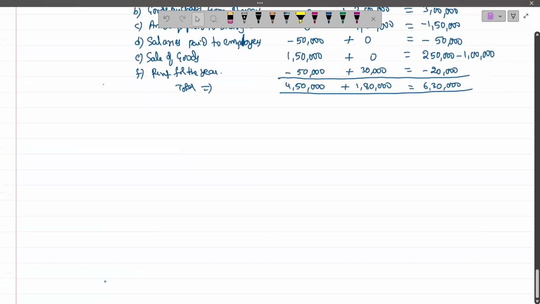And next, coming to entry. As we already discussed how to analyze the transaction and the event, before going to the in-depth analysis of transactions, first we have to know how to write the transaction.